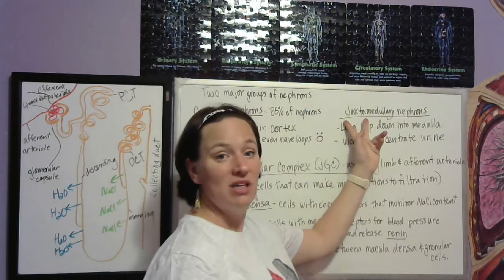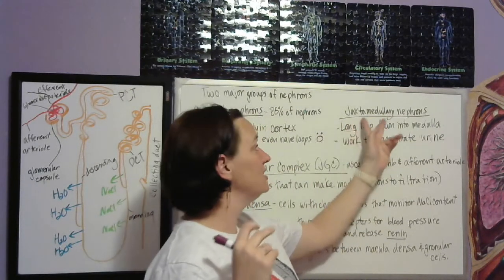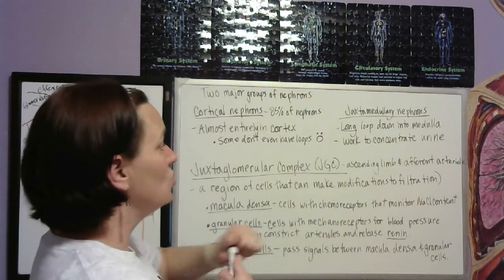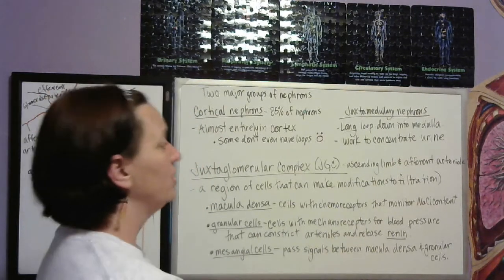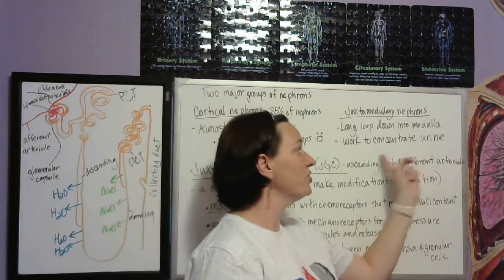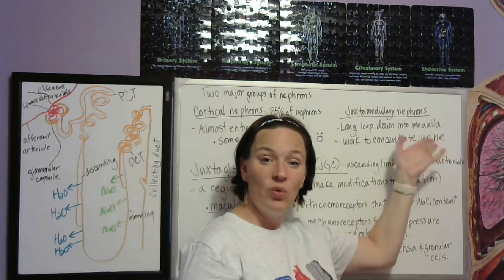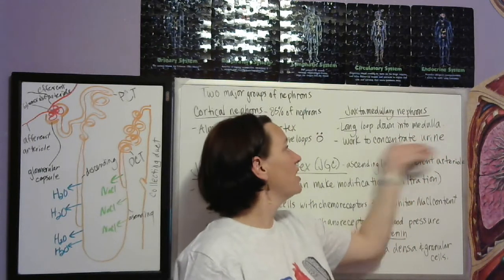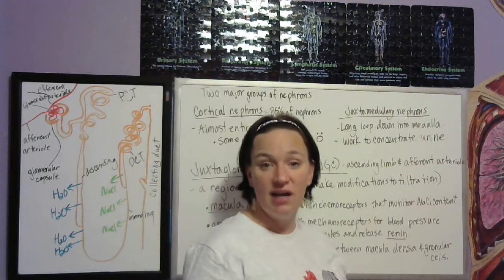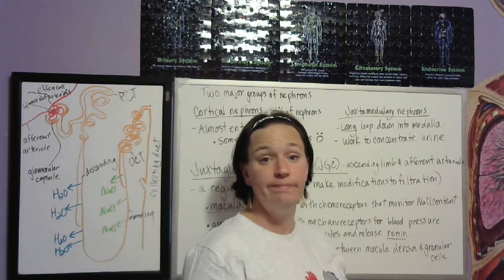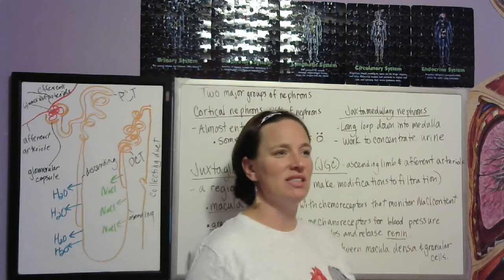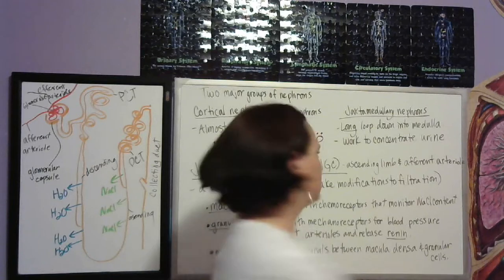Juxta meaning next to or against. Against the medulla, these are the ones with the long loop, and they work to concentrate urine. Are you drinking enough? Are you keeping yourself well hydrated so that your juxtamedullary nephrons have plenty to do? Or maybe not a lot to do, because they can just let it go into the filtrate.